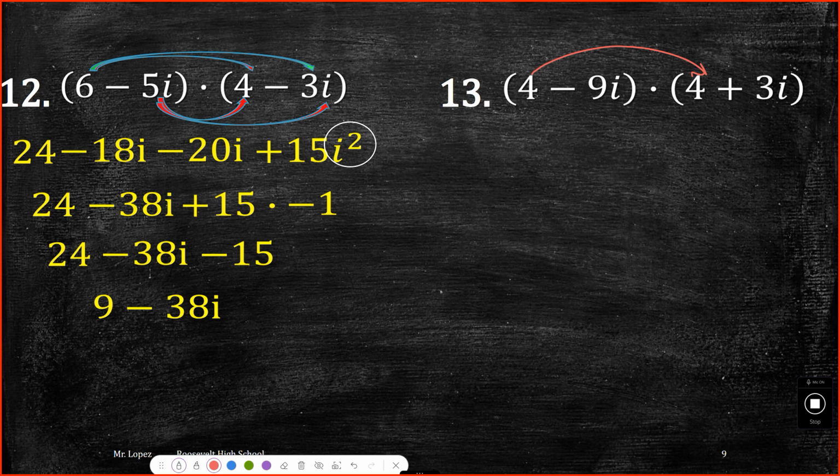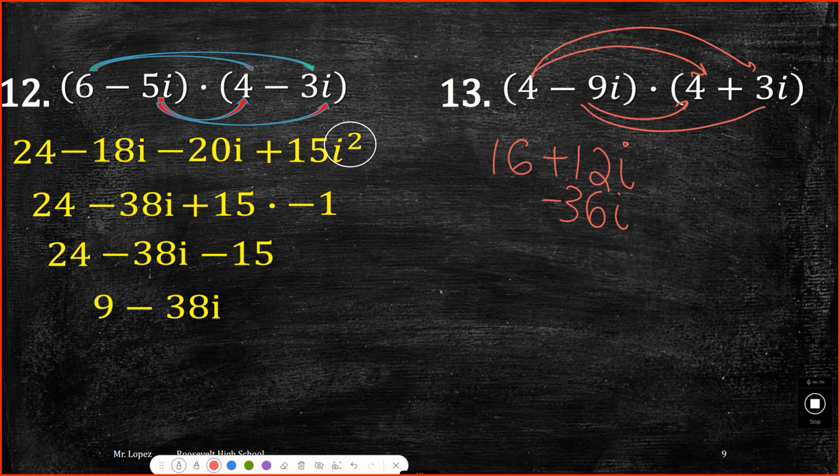4 times 4 is 16. 4 times 3i is positive 12i. Negative 9 times 4 is negative 36i. I'll put it here. Negative 9 times 3 is negative 27. i times i is i squared.